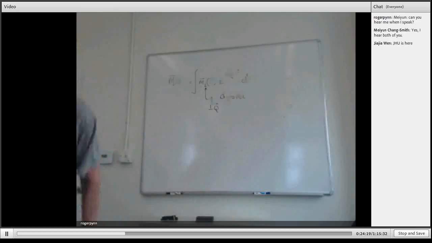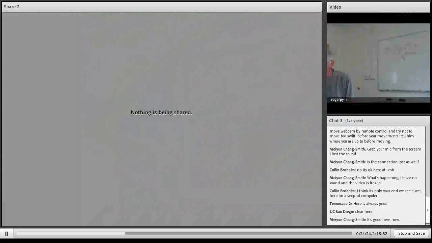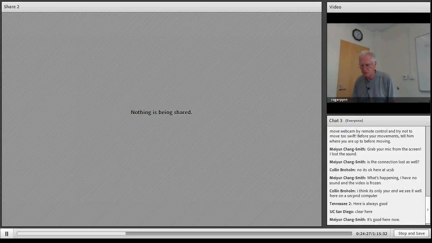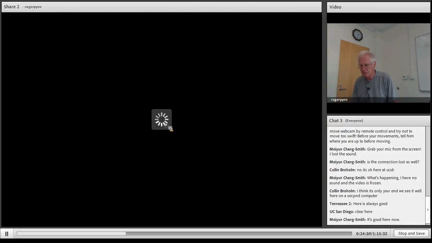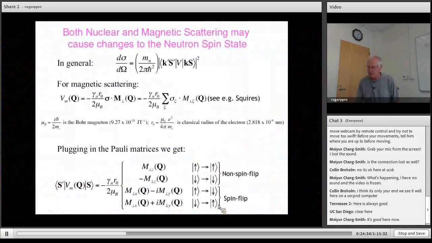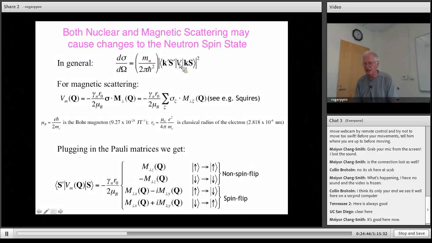So this operator here, let's get back to view graphs again. So this operator here, the m perpendicular of q, is what appears in the potential, the interaction potential of the neutron with magnetization in a crystal.